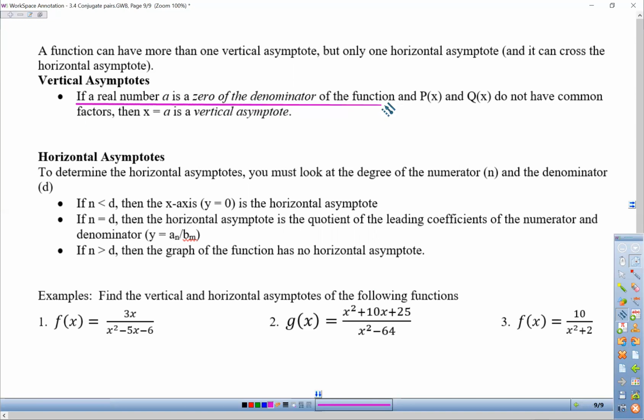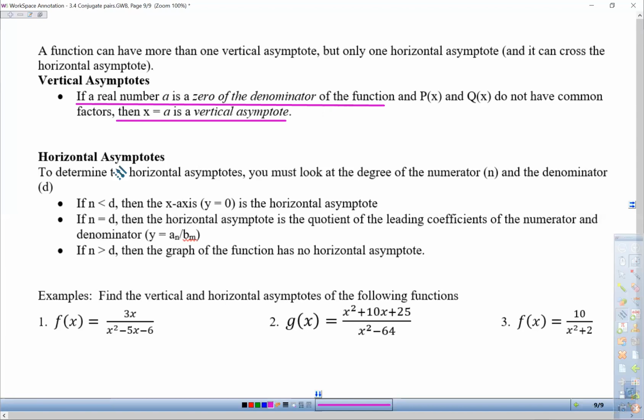There we go. So the zero of the denominator of the function. And if you notice here, it's listed as x equals a. So when you find the asymptote, it represents a line. So it is actually an equation of a line. So a vertical line has an equation of x equals a, okay?